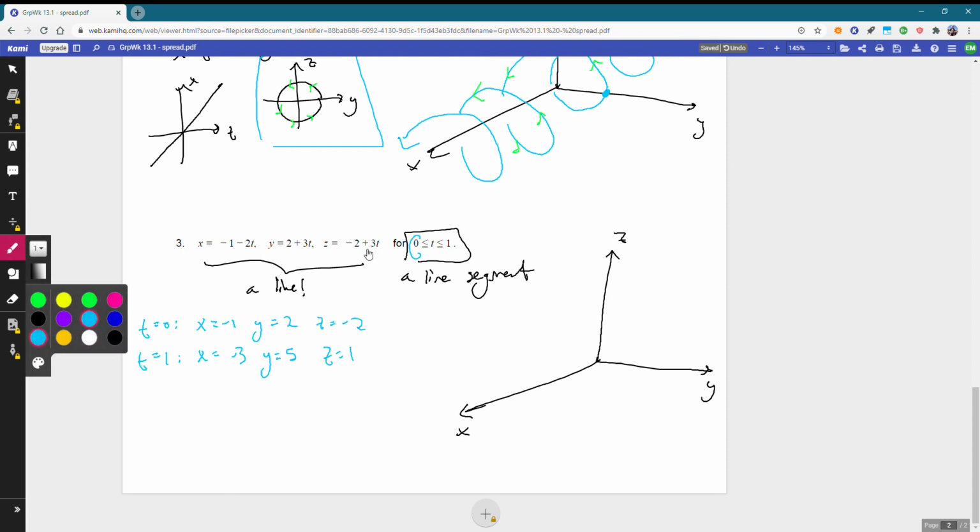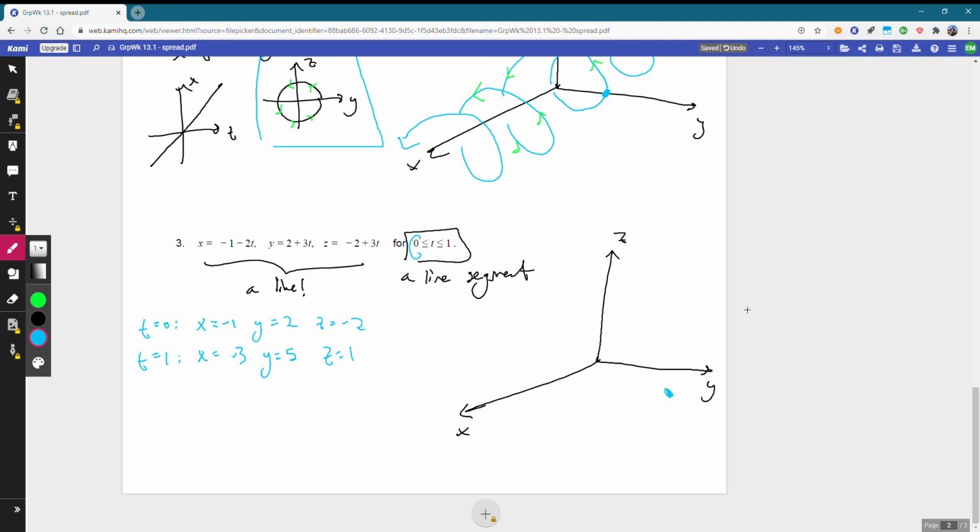All right, so here we go. We start at time 0 at the point -1, y is 2, z is -2, so down here. And as we crank t up, we're moving along the line, and we end up at the point x equals -3, y equals 5, and z equals 1.